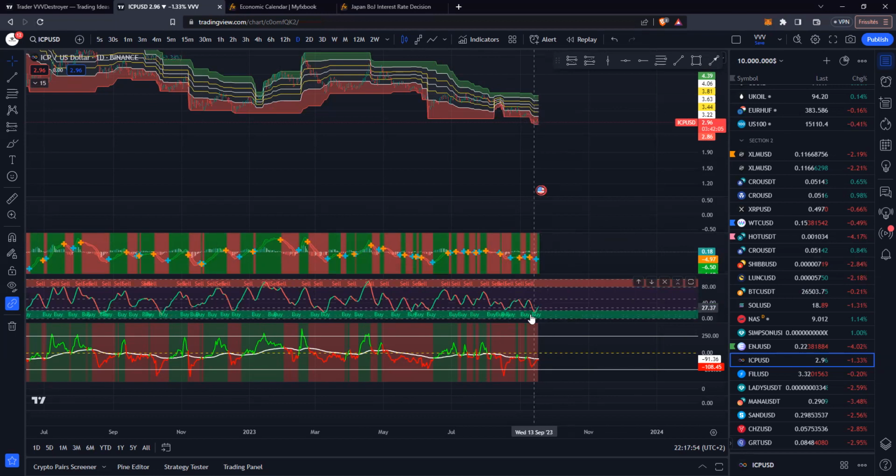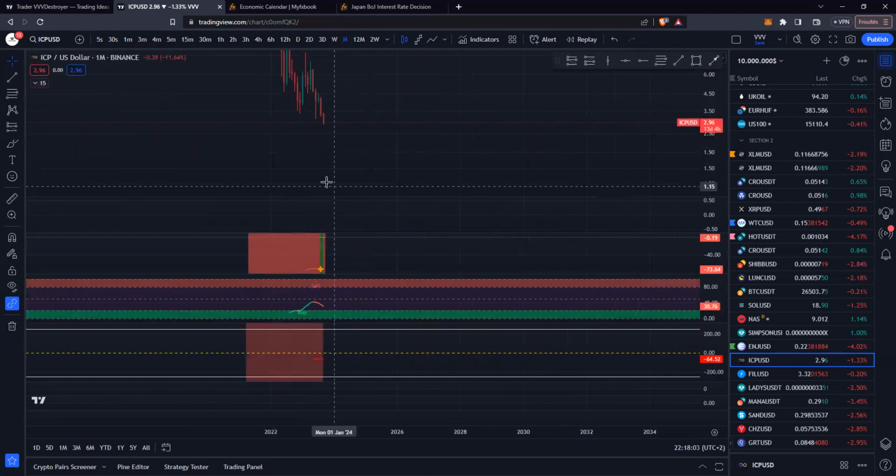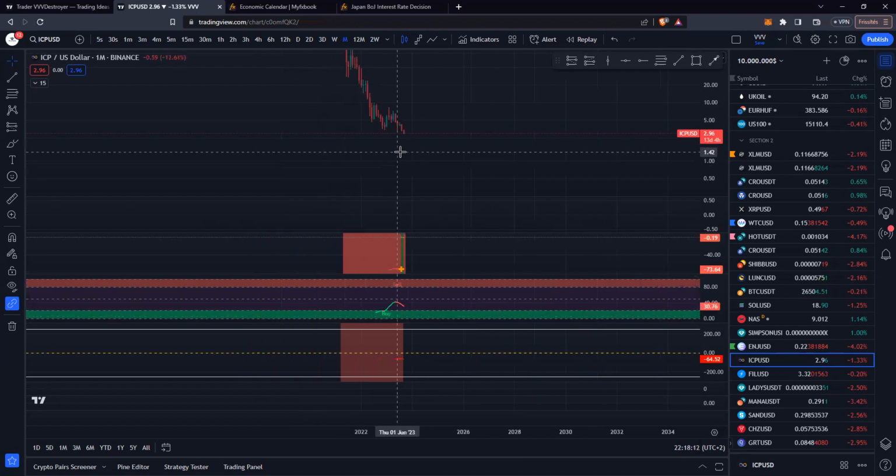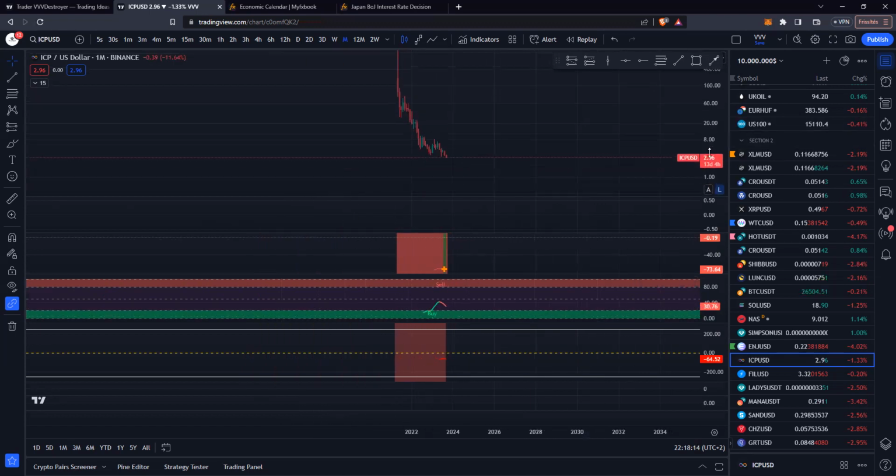Here is also an oversold value, and I would like to see the price come back to the zero line. I have an eye on the ECP, and on monthly we are close to get a divergence as well. Okay, it's too early to say, but I think this is gonna be soon reaching the lowest point, and then we could expect an aggressive movement from the ECP as well.